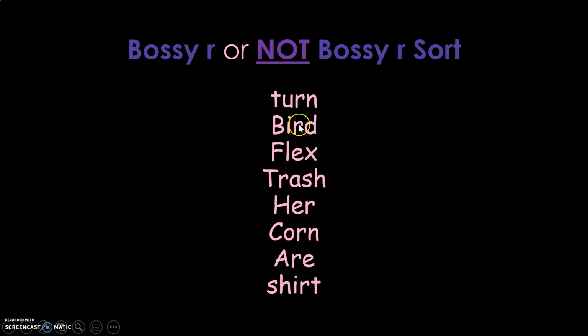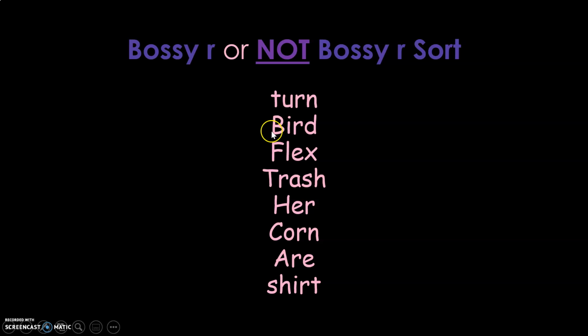You can write the heading bossy R on one side of your paper, and not on the other side of your paper or whiteboard. Read each of these words to yourself, and if they are bossy R, you can write them on the bossy R side. And if they're not a bossy R pattern, you can write them on the not side. When you're done, hit play to resume the video and see how you did on your word sort.